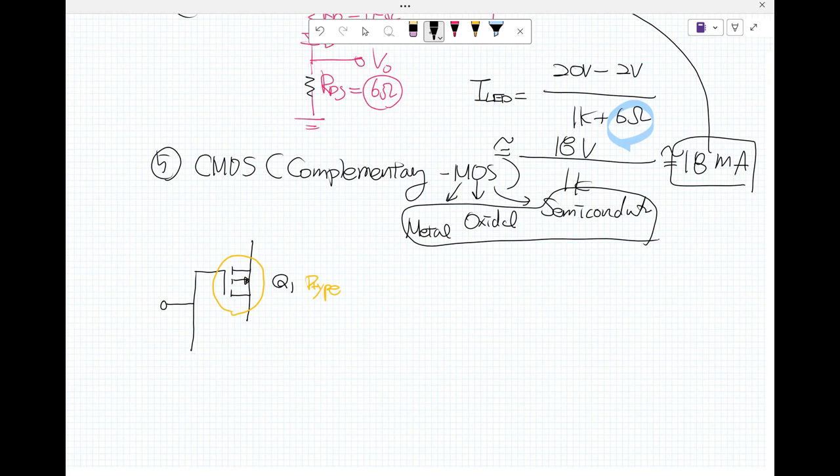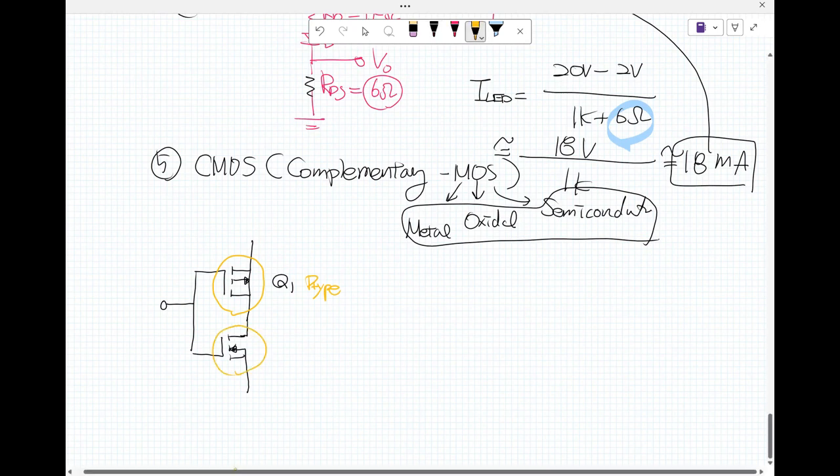And that was 1, 2, 3. The arrow is inside. Okay. This is the Q sub 2. It is the N-type. Okay.